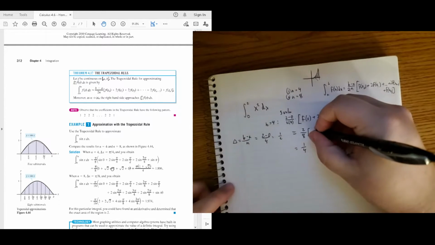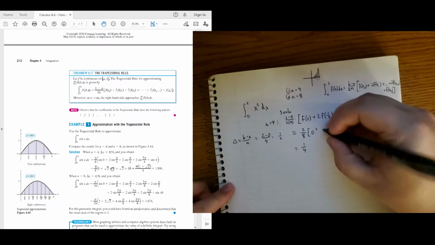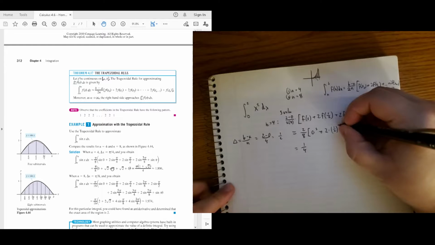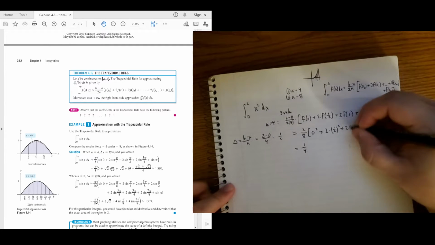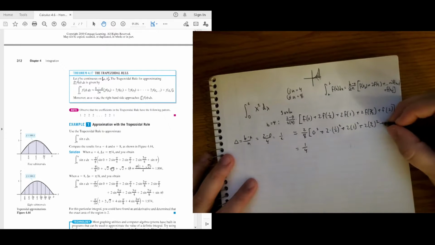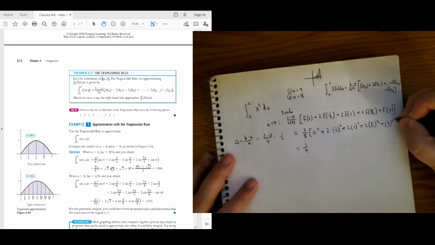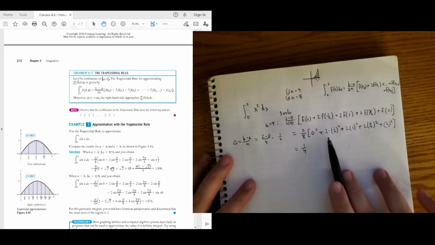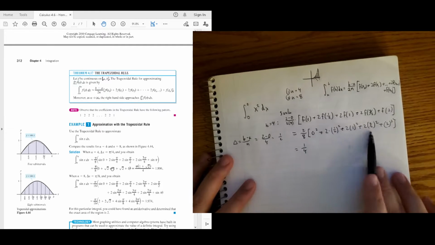So we do 0 squared plus 2 times 1/2 squared plus 2 times 1 squared plus 2 times 3/2 squared plus 2 squared. So notice how the first term and the last term have no coefficients, they're ones, and every term in between follows 2's.